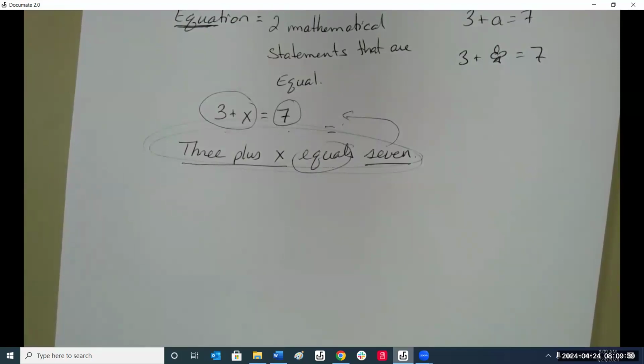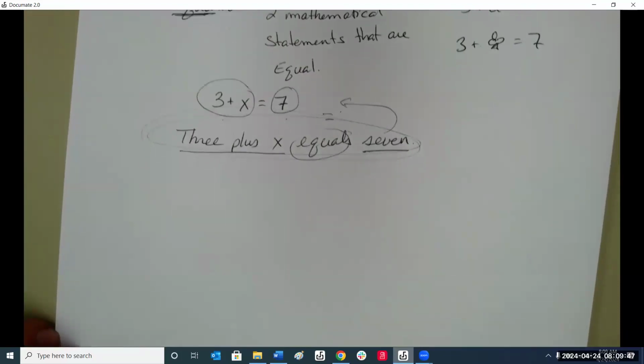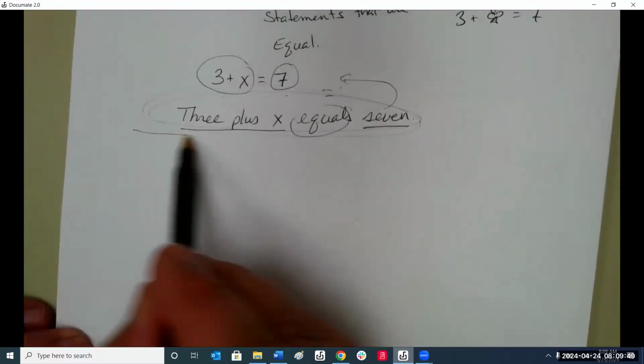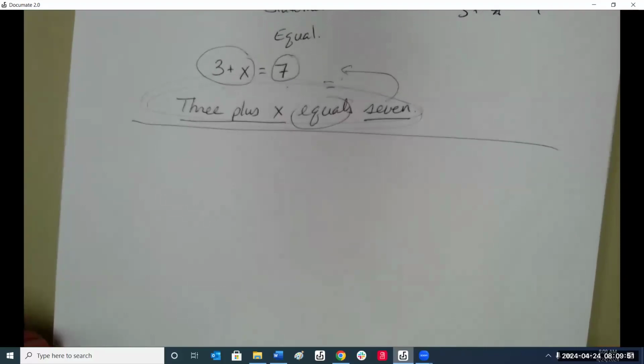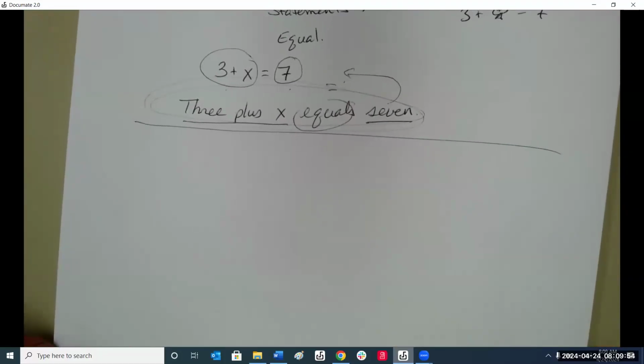Because by the time you go to college, you don't know how to do word problems anymore. Everybody hates them because they're not used to them. So what we have to do is learn how to translate the statements into equations. That's the problem.